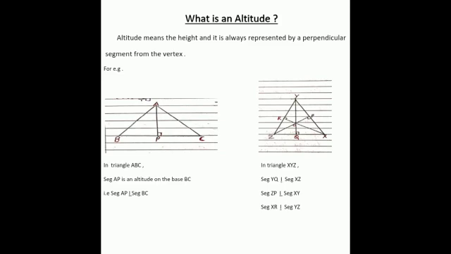That means segment ZP is perpendicular to segment XY. And segment XR is also an altitude on the base YZ. So, segment XR is perpendicular to segment YZ.